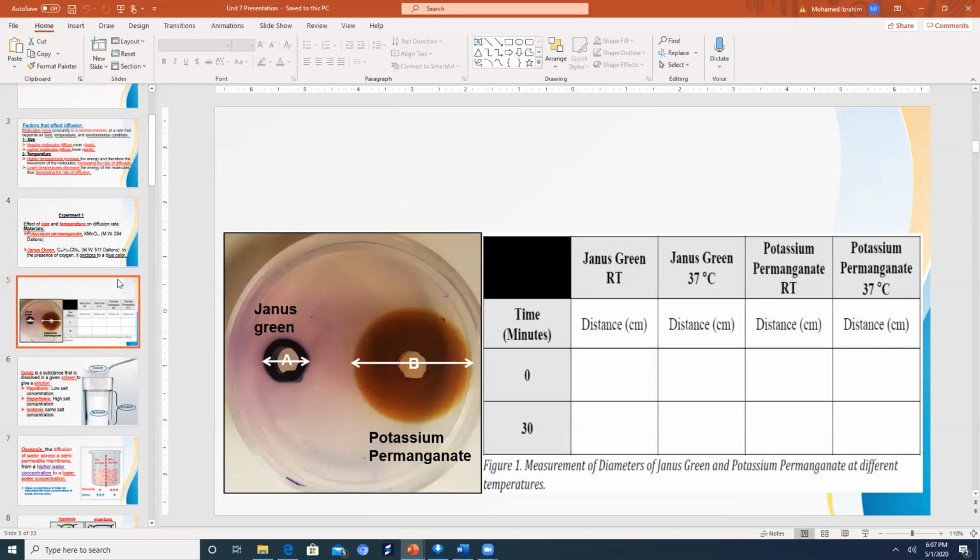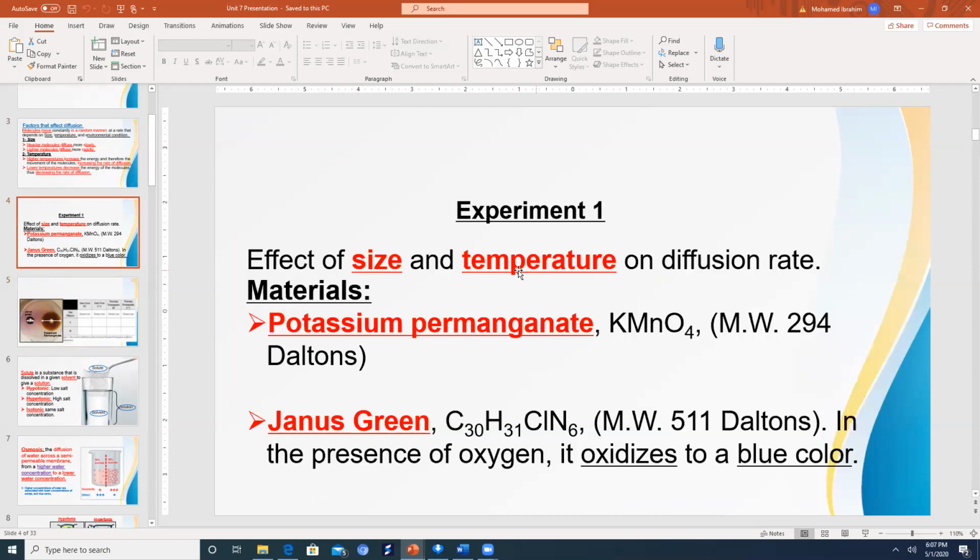So if you look at this experiment here, there were two different kinds of dye used, and the main difference between the two dyes, potassium permanganate and Janus green, is the size. Potassium permanganate is 294 Dalton versus 511 Dalton for Janus green.